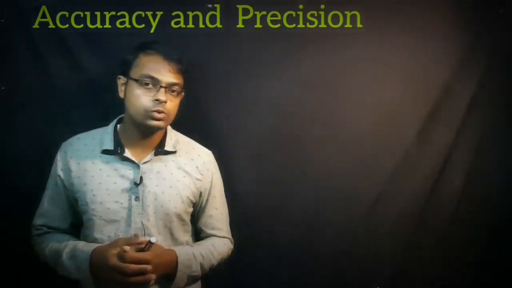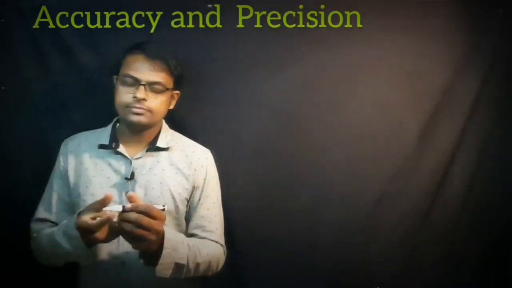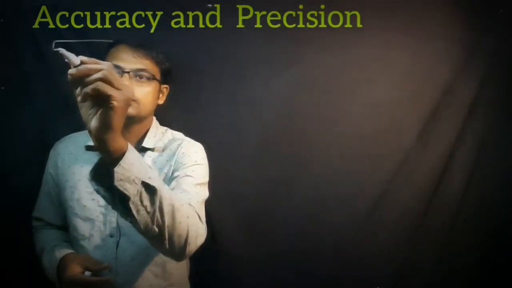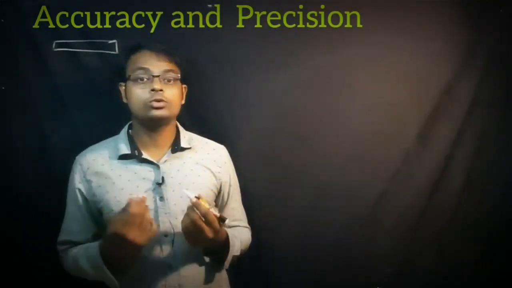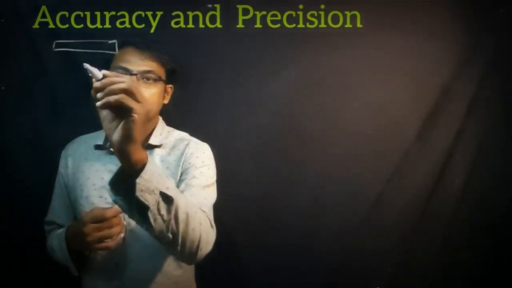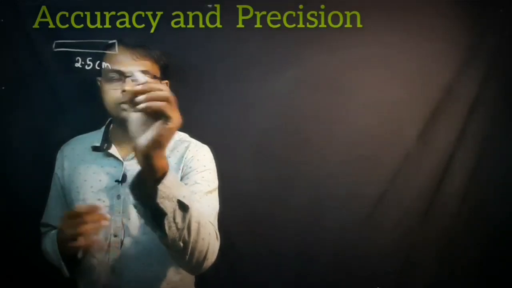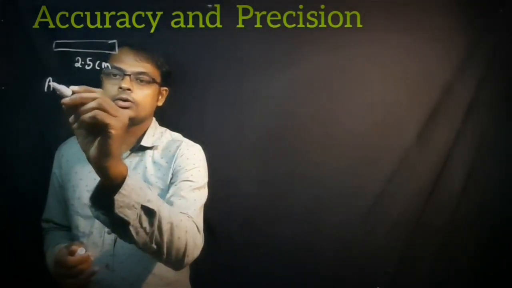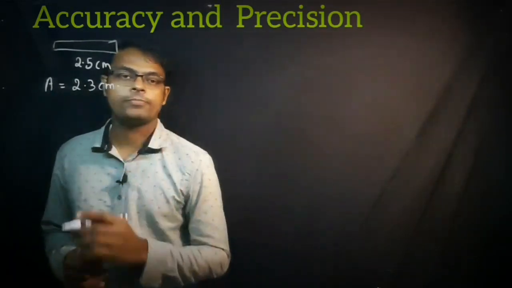Just an example: there is one small object, and you are going to measure its length. The actual value is 2.5 centimeter. One student measured this value and got 2.3 centimeter.